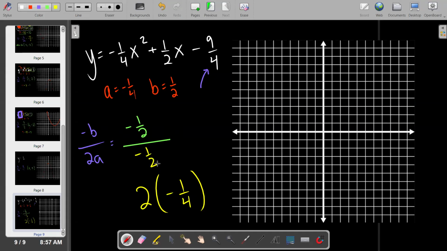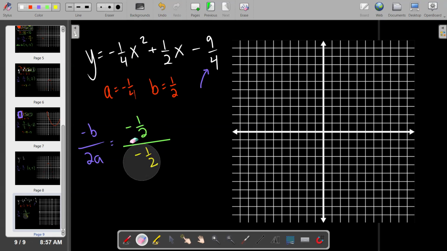Negative 1/2. Got it? Now, what's negative 1/2 divided by negative 1/2? 1. Anything divided by itself is just 1. So my vertex is at the point 1 comma something.